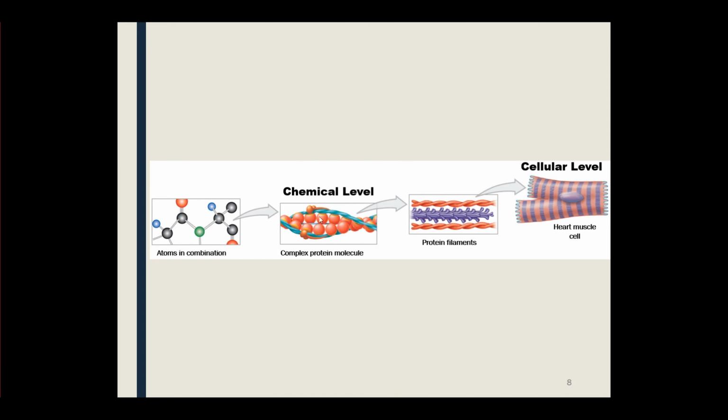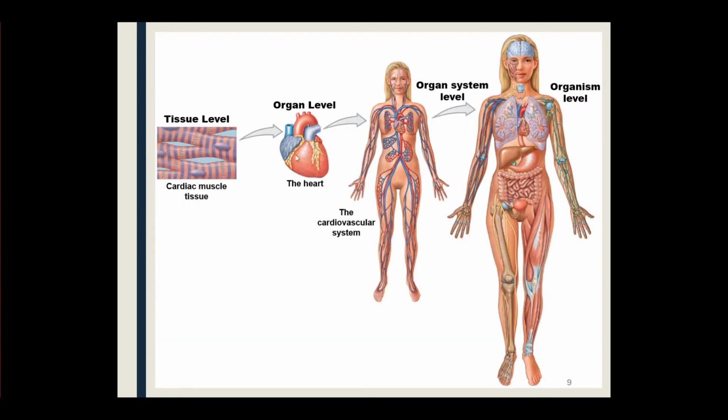Now, these different chemicals are going to form the next level of organization right here, the cells. You'll see that these different chemicals are forming a cardiac cell. This is actually a heart cell. This is what it looks like. Now, watch what these heart cells are going to do. They're going to combine to form the heart muscle tissue.